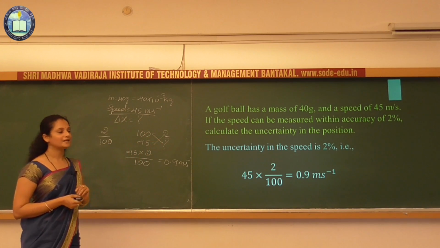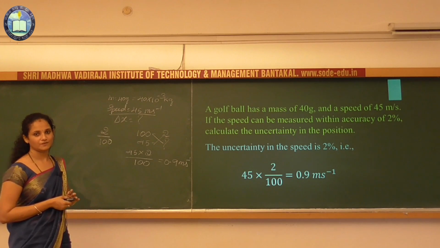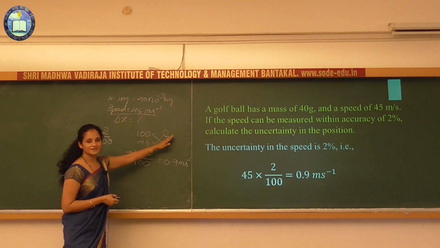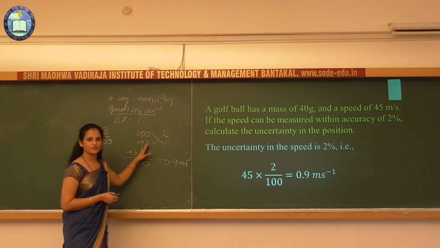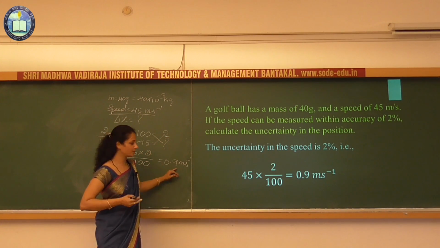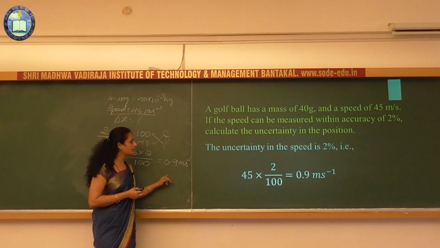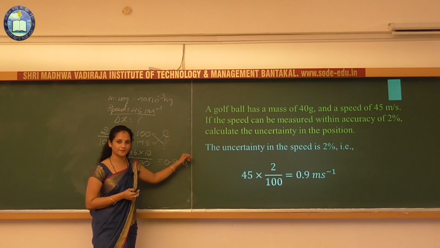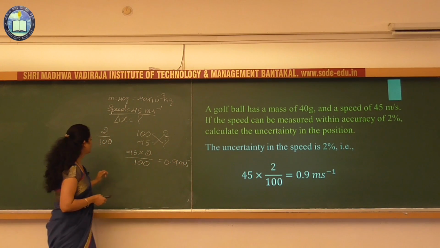So we have to calculate the uncertainty in position. What is the step? 2% means, for 100, how much for 45? The speed can vary by only 0.9 meter per second, more or less. Okay.